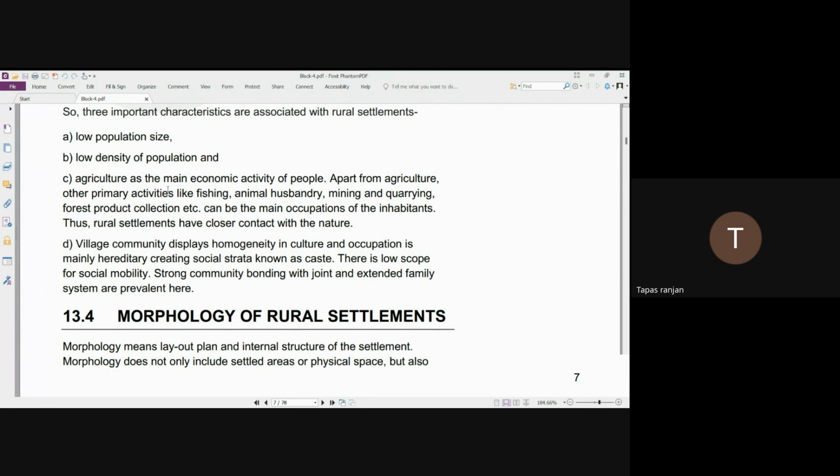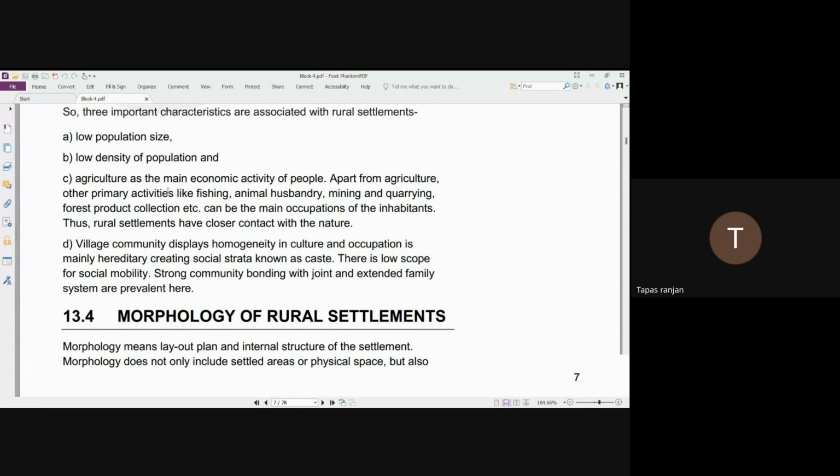These are the important economic activities performed by rural settlement people. And the village community displays homogeneity. What is that homogeneity? Homogeneity in culture, and occupation is hereditary in nature.